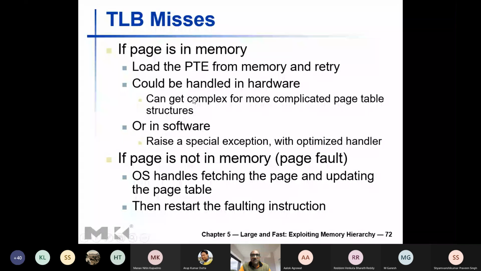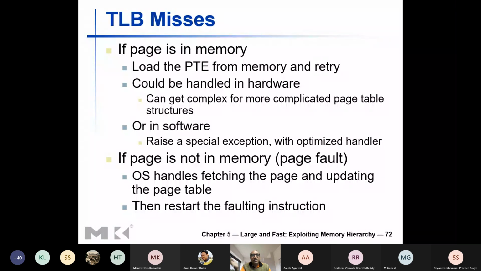So what happens with software? Suppose the miss is there. Handling by software means it generates an exception because the mapping is not present in the cache. Then you have to check whether it's there in the page table or not. It means the current instruction has to be stalled. So it generates an exception, an event where the particular entry is not there.